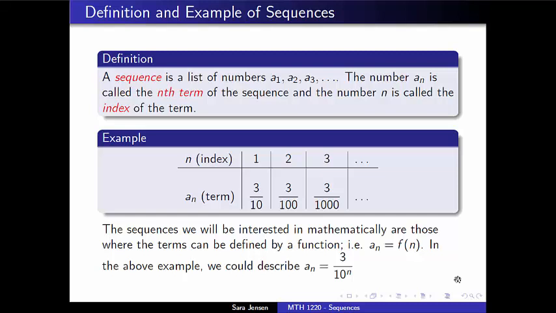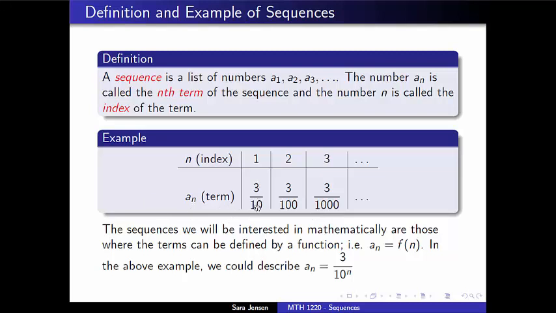So although a mathematical sequence could be any old list of numbers, we're going to be particularly interested in lists of numbers that form a pattern where we're going to have some ability to predict what might come next in that list. If you take a look at the example I've chosen here, I've chosen to list off numbers in my sequence that have a predictable pattern to them.